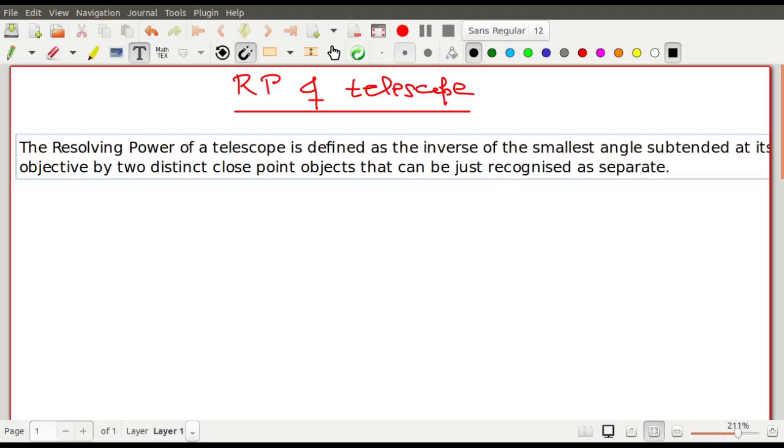The resolving power is defined as the inverse of the smallest angle subtended at its objective.